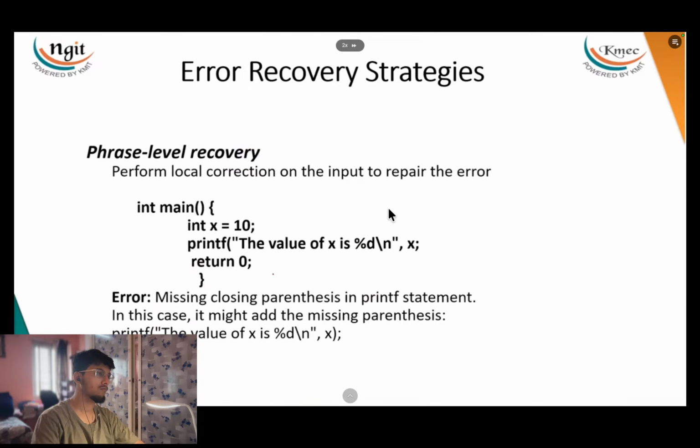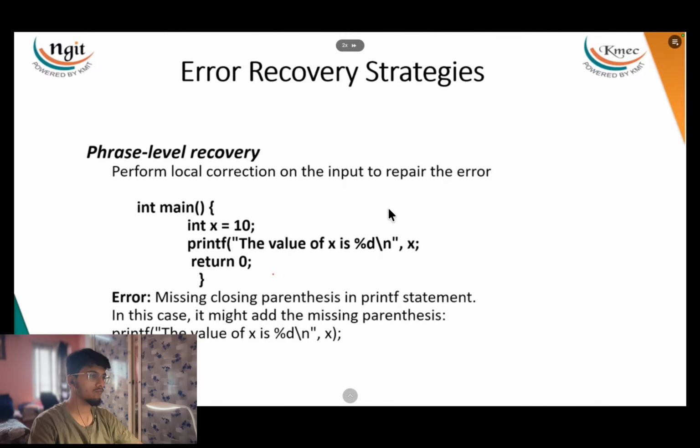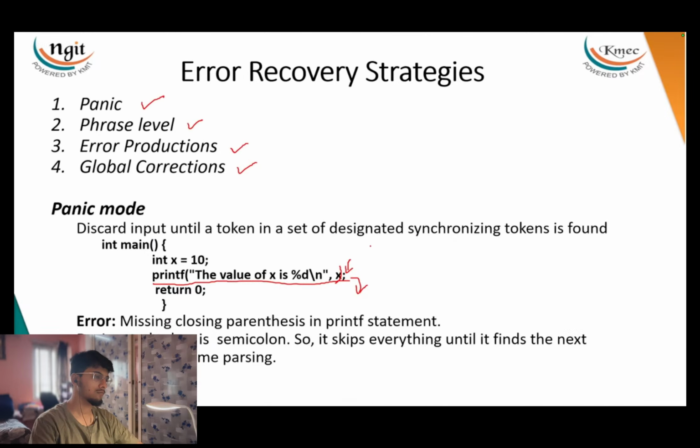Then in phrase level, instead of ignoring the error, we recover from it by using local corrections. Here the parenthesis is missing. Let me take an example from an English statement. We have a paragraph where you are asked to identify the errors. Assume the paragraph has 10 statements, and the English professor is validating your statements. Assume there is an error starting from the third statement.